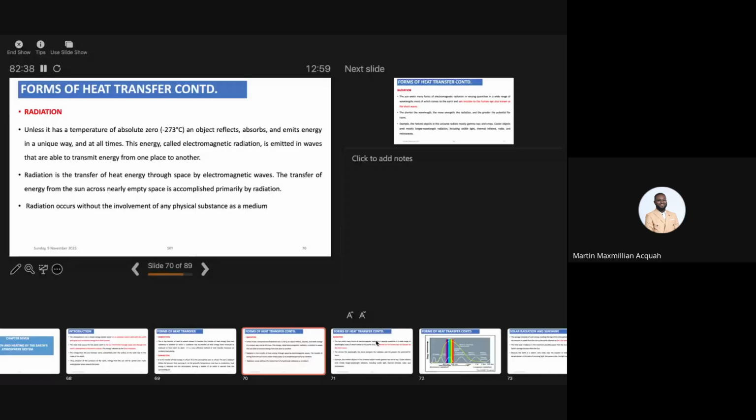So I said earlier on that when it begins to rain, the man's temperature becomes high, the woman's temperature becomes low. Then the man will hold the woman. Then all of a sudden, the woman's temperature will be hot. That is what we call conduction. After some time, you realize that they will begin to sweat.